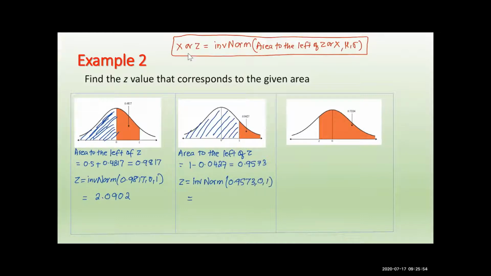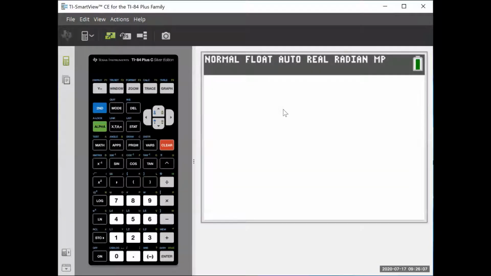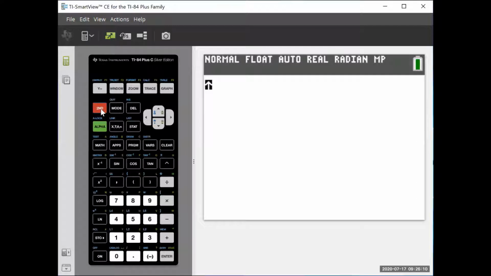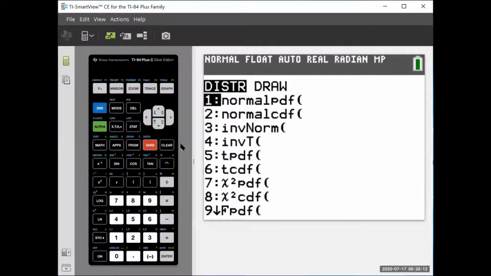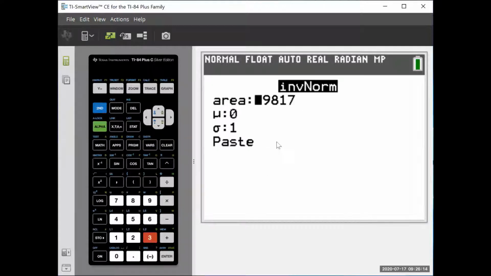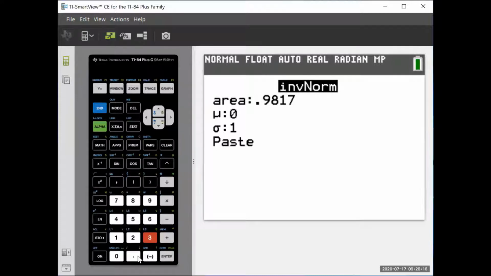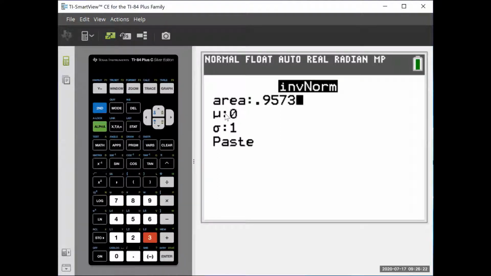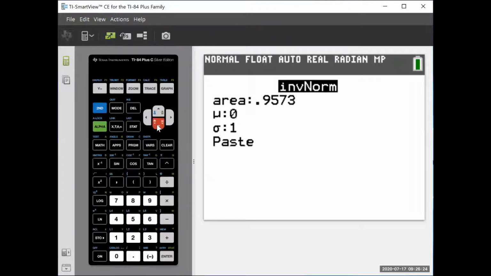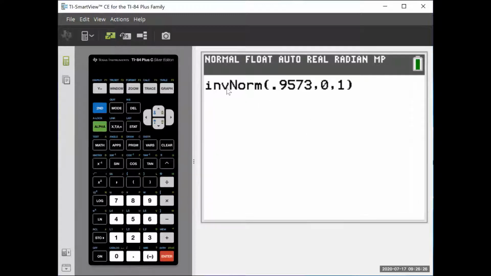Now we are going to type that in the TI-84 calculator. We go to second, then vars, number 3. We put the area, which is 0.9573, mean 0, standard deviation 1. Paste that so that it looks like our writing, and then hit enter.